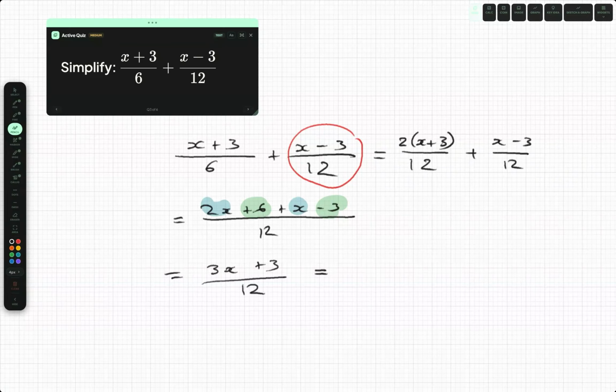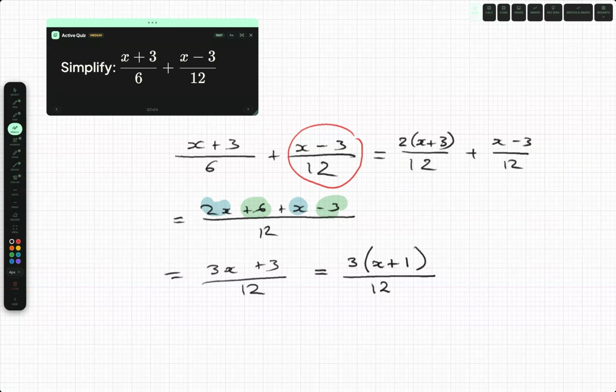Now, the first thing we want to do whenever we're simplifying an algebraic fraction, or one with a binomial as its numerator, is take out a common factor and factor it. So we know that the common factor in the numerator is 3, and we can factor that out as 3 times x plus 1. Still the same thing, if I expanded this, it will end up with 3x plus 3 all over 12.